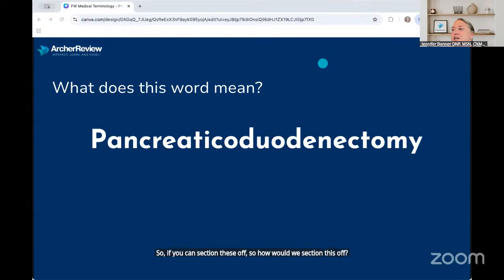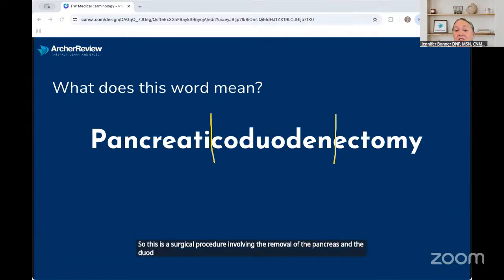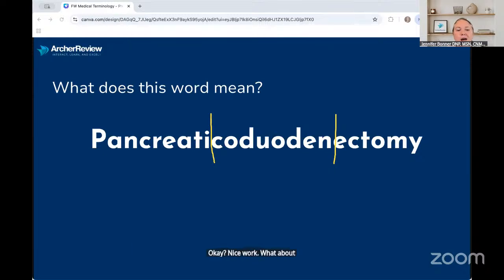If I was taking this question and trying to figure out what this means, I would start with pancreato, duodeno, and then ectomy. So this is a surgical procedure involving the removal of the pancreas and the duodenum. A lot of times you'll hear this called the Whipple. Okay? Nice work.